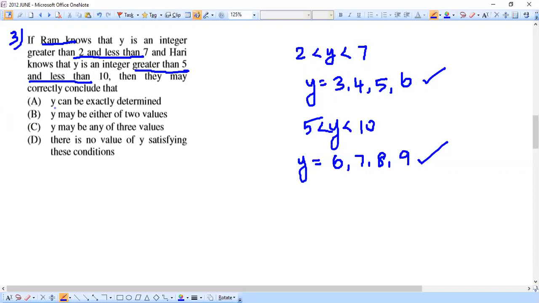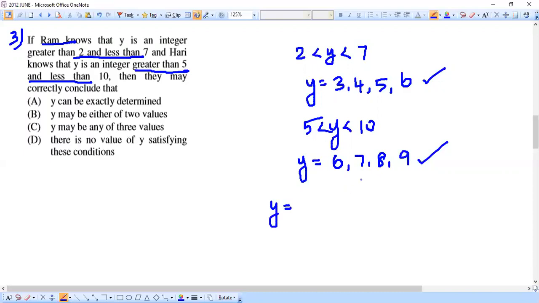Option A says y can be exactly determined. Just see whether y's value can be exactly determined. According to the first person, y can take these values 3 or 4 or 5 or 6. And according to the second person, y can take these values, that is 6 or 7 or 8 or 9. Now, if both of their conditions are combined, the question is whether they will be able to get the value of y, I mean a unique value.